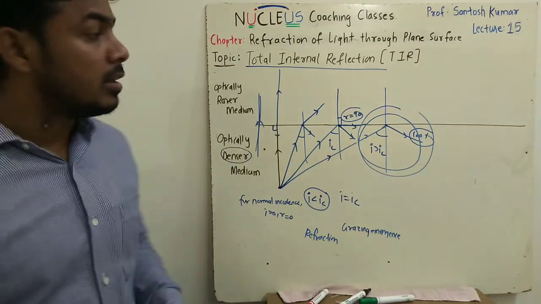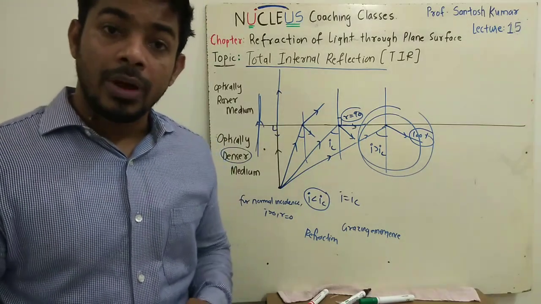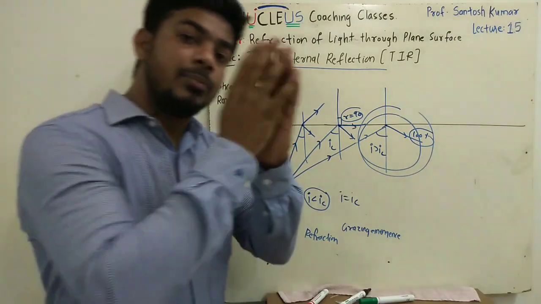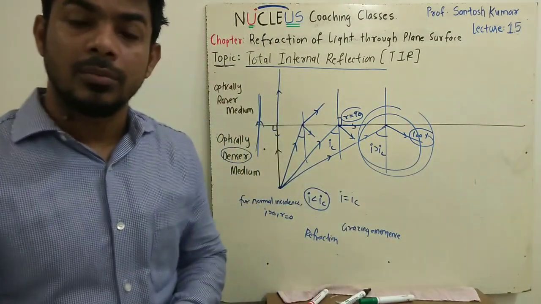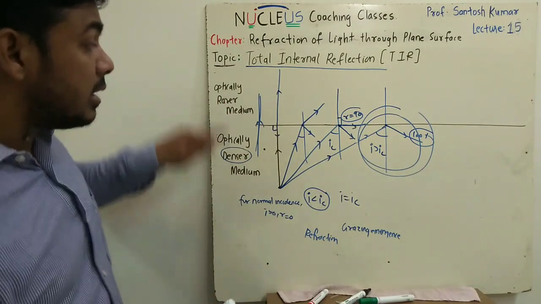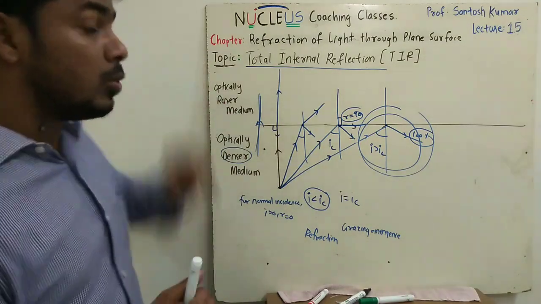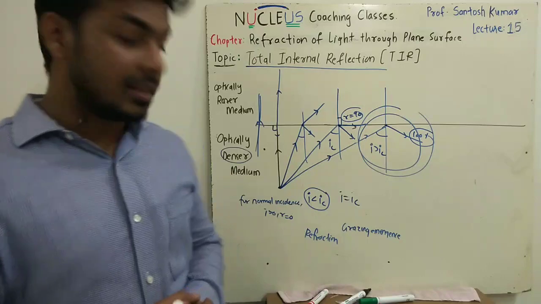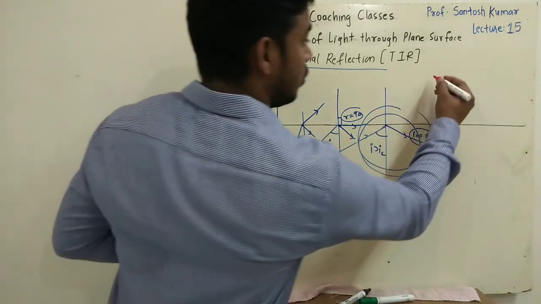Total internal reflection is a phenomenon where the ray gets reflected back into the denser medium when it is traveling from denser to rarer. Remember, denser to rarer at an angle greater than critical. So I'll tell you two conditions.